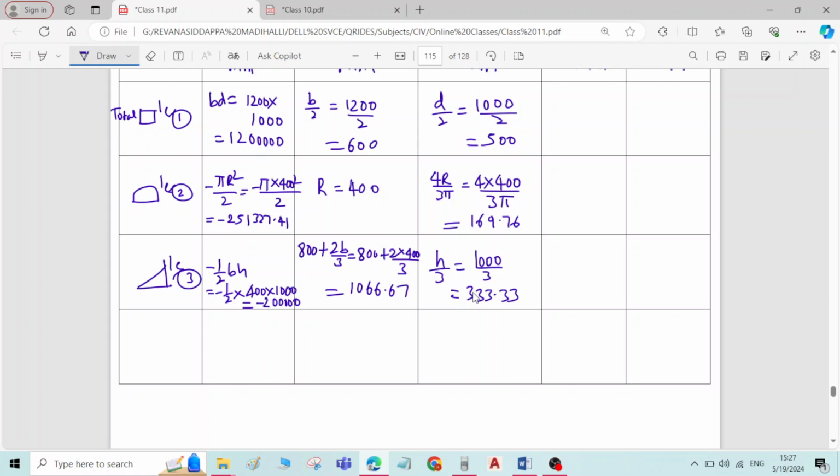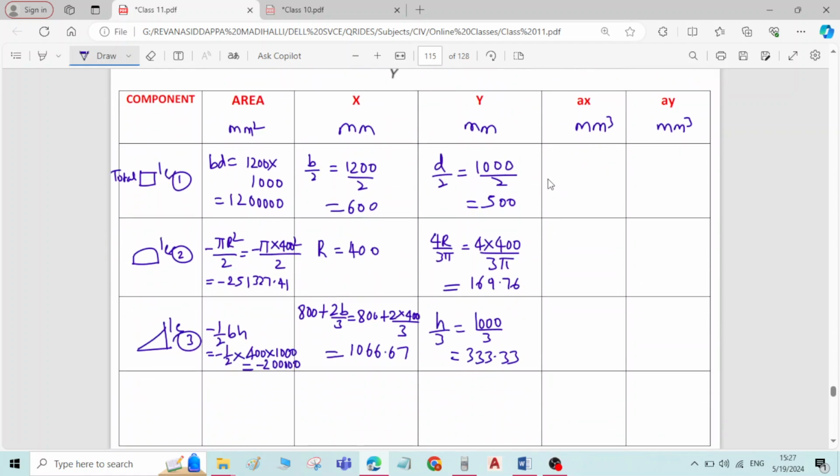Now calculate Ax. Here it is 12 lakhs times 600, which gives 720,000,000 with zeros. Check your answer, cross check the answer.